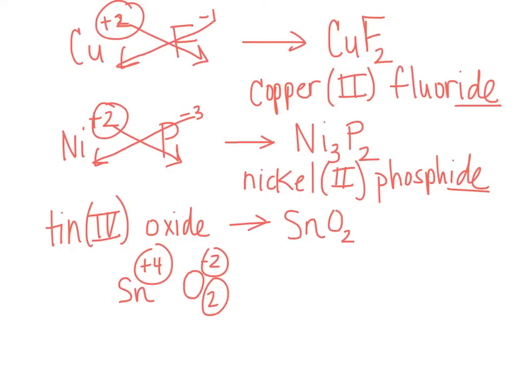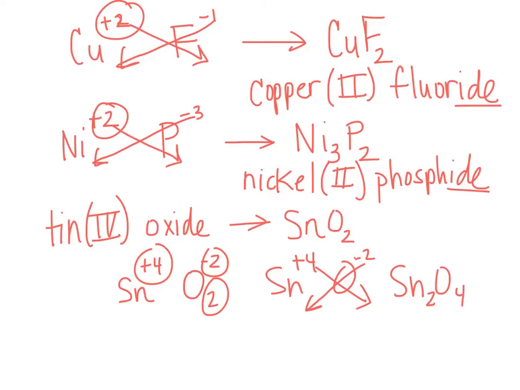So let me show you, if you did the crisscross method, what that would look like. So Sn with the +4, oxygen -2. Okay, so if you did the crisscross, 4 would come down there, 2 over there. So some of you might have put down Sn2O4.